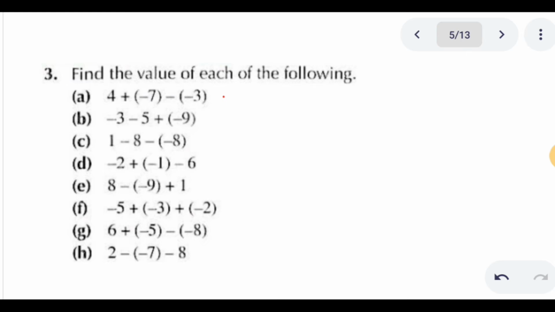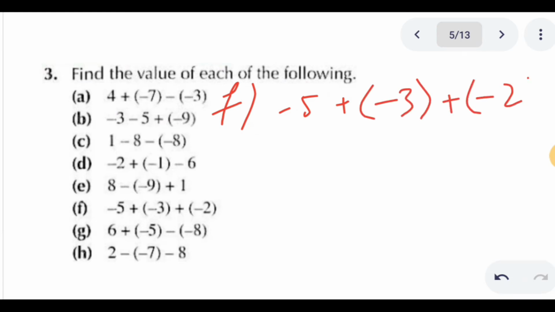I am going to solve the F part. In F part we have minus 5 plus minus 3 plus minus 2. So first we will solve this part.